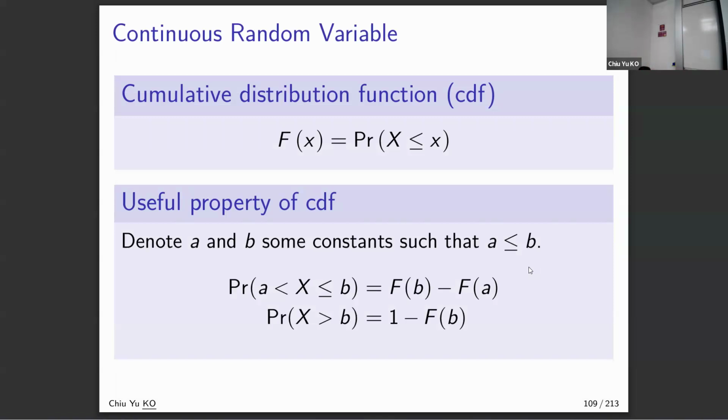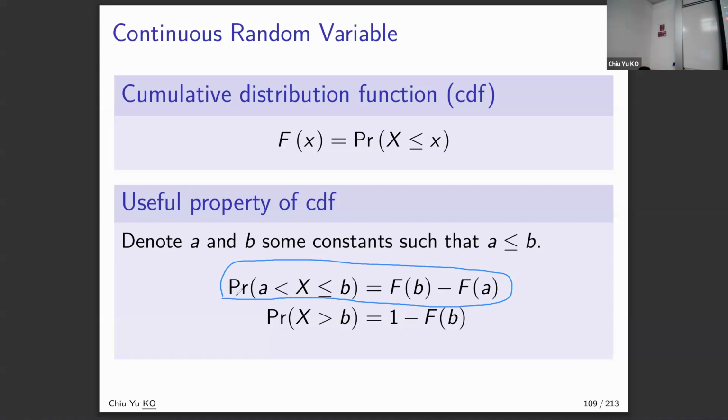And do note that, because of axiom 3, this you will know very well. It's this guy. The probability between A and B will be F of B minus F of A. The reason is very simple. You just move F of A to the other side.